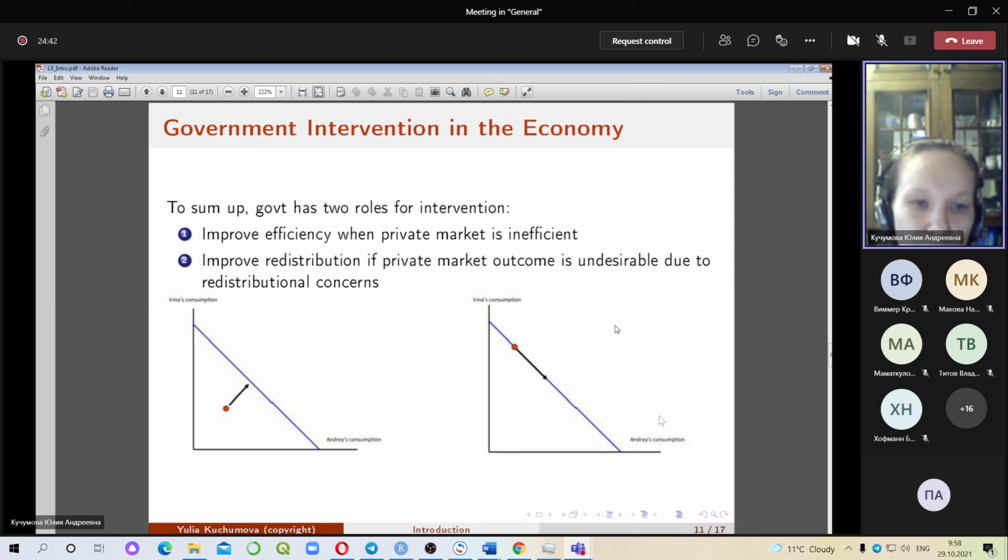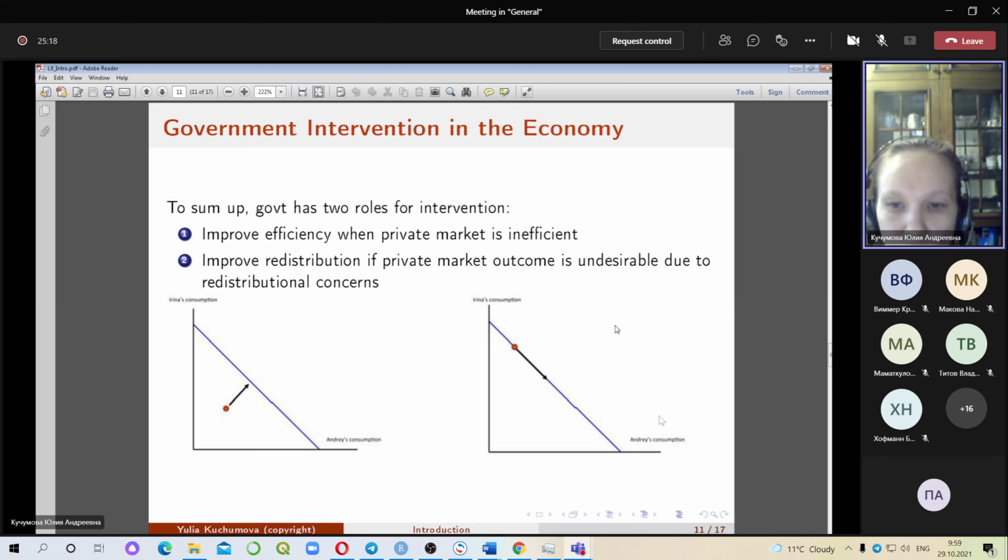The graph is basically the budget line for two people. The first graph shows a red dot inside the budget set. This is an inefficient point, and the government can help us move to what we call the Pareto frontier, or basically the budget line.